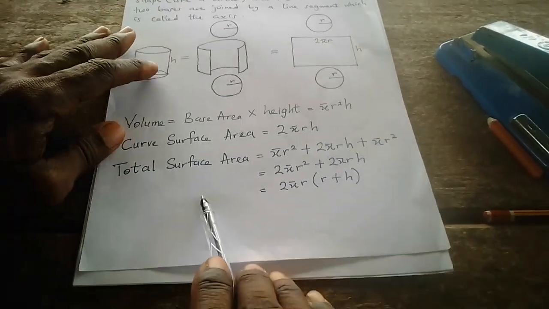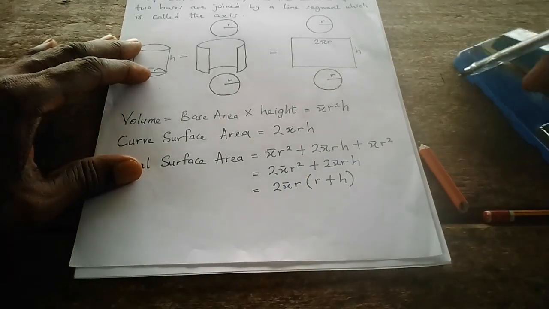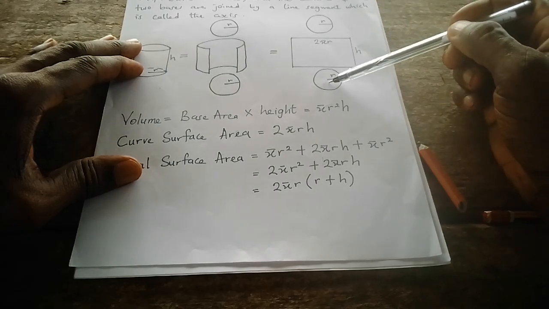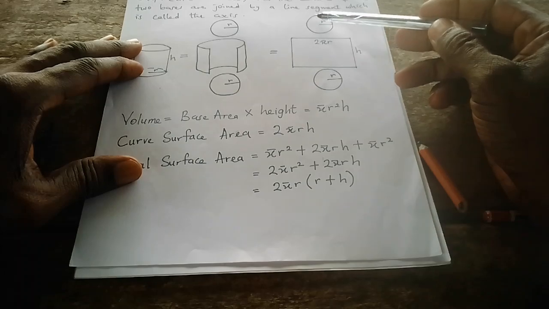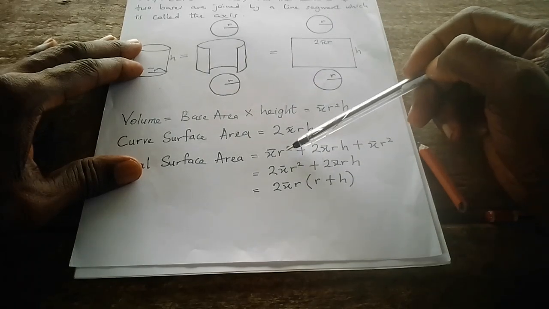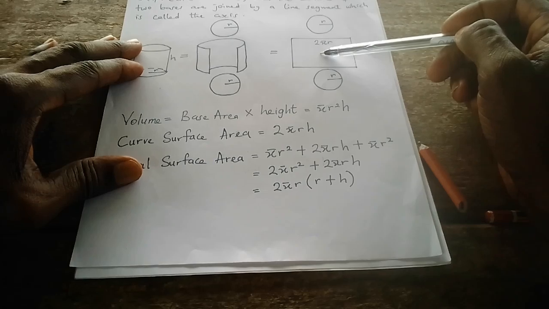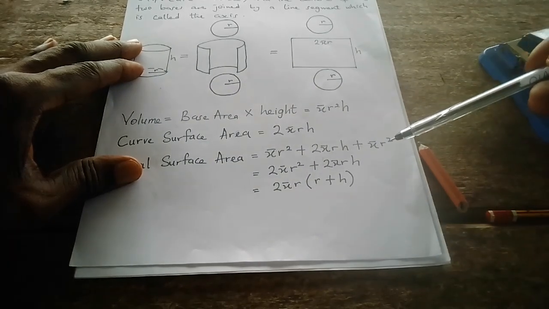Then when you talk of the total surface area of a cylinder, that means you look for the area of the circle on top, the area of the circle at the bottom, then the area of this rectangle. The area of the circle on top is pi r square, plus the area of this rectangle, 2 pi r h, plus the area of the bottom, pi r square.